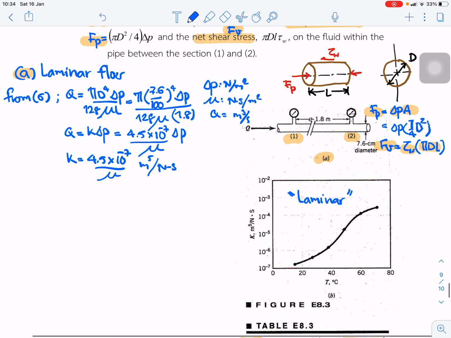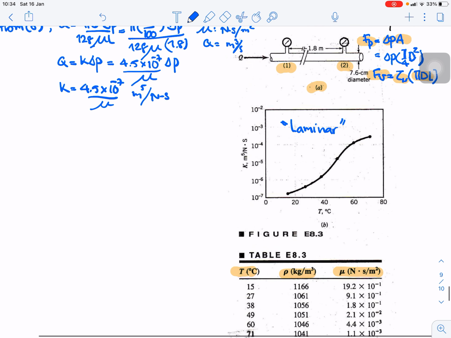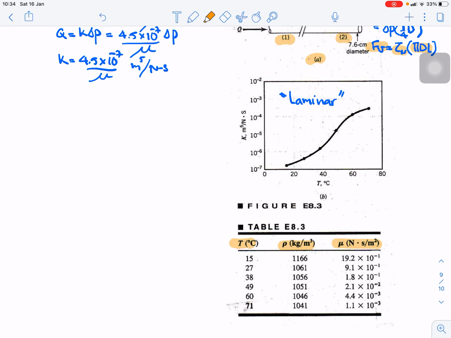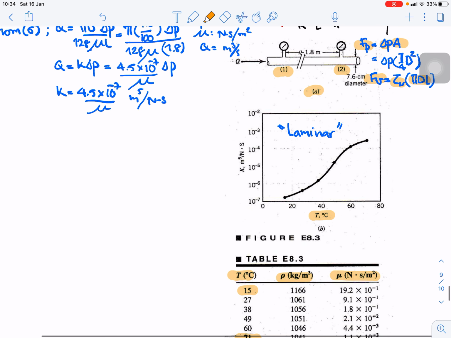We can plot the curve like this. We just find the viscosity from this table, from 15 degrees to 71 degrees, put the viscosity in this equation and plot the curve between T and K.